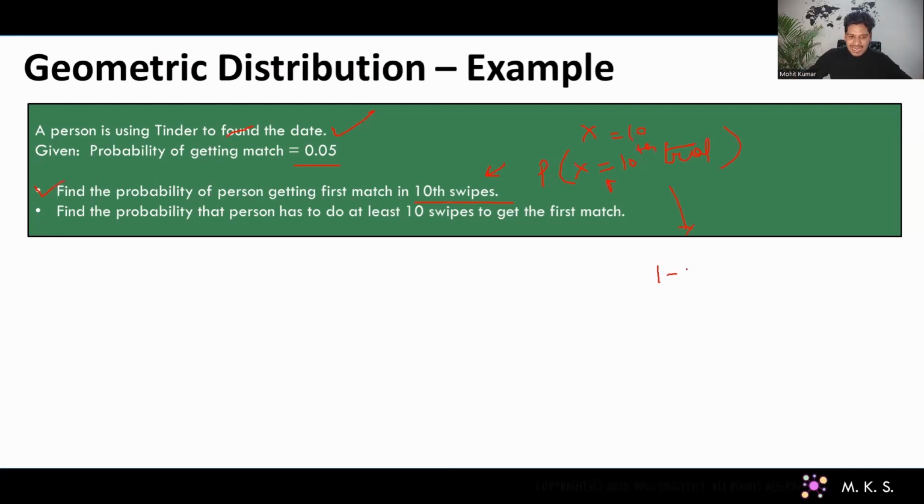So it's 1 minus p, or you can say 1 minus the probability of success, which is 0.05, raised to power how many times we got the failure? 9 times, 10 minus 1. So (1 minus 0.05) raised to power 9, into the probability of success, that is 0.05 raised to power 1, right? So this is your probability of x is equal to 10, and this will give you the PMF, guys, right? So now this is how you will solve this particular problem. And just imagine, guys, for every x you will have the probability. That's what we call the probability mass function.